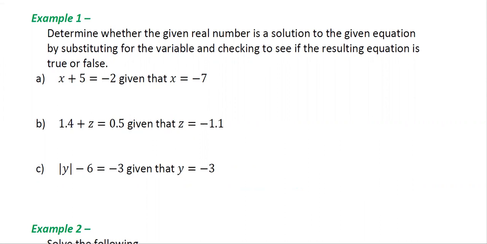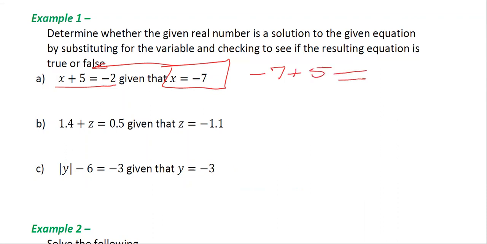What if x equaled -7, and you plugged it in, does it give me a true solution? Let's check it out. In the place of x for this equation, I'm going to put -7, and see if one side of the equal sign equals the other side. If it does, then I will say x equals -7 is a true solution.